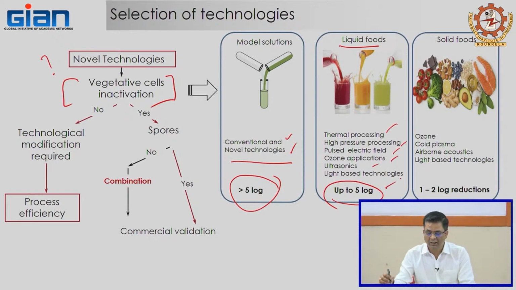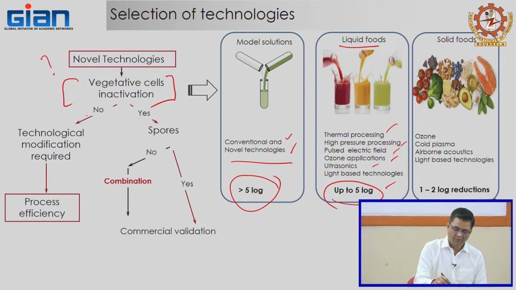But the moment it comes to solid food, achieving even 99% reduction, that is 2 log, is achieving a gold medal. Look into any of the published research studies or any other report where you can get more than 1 log for chlorine washing. So this is one of the differences.